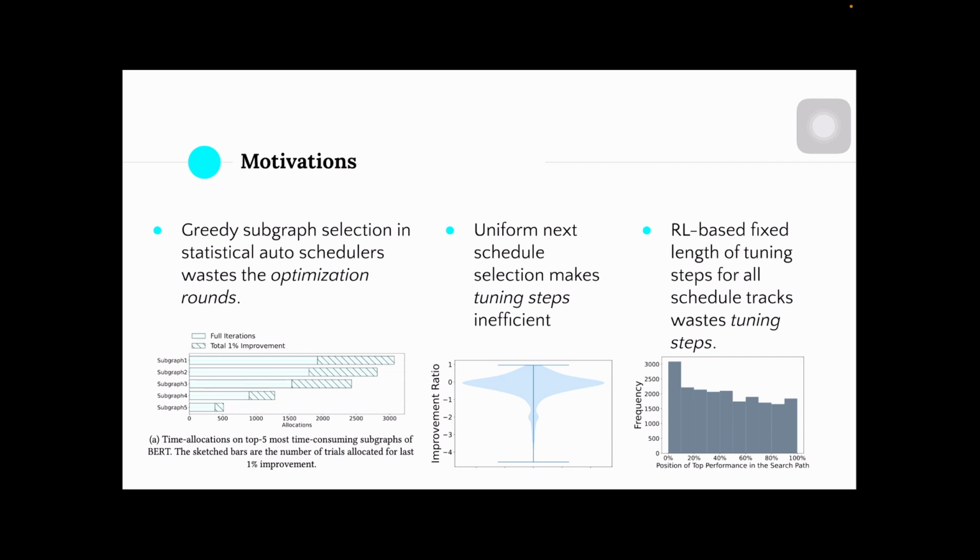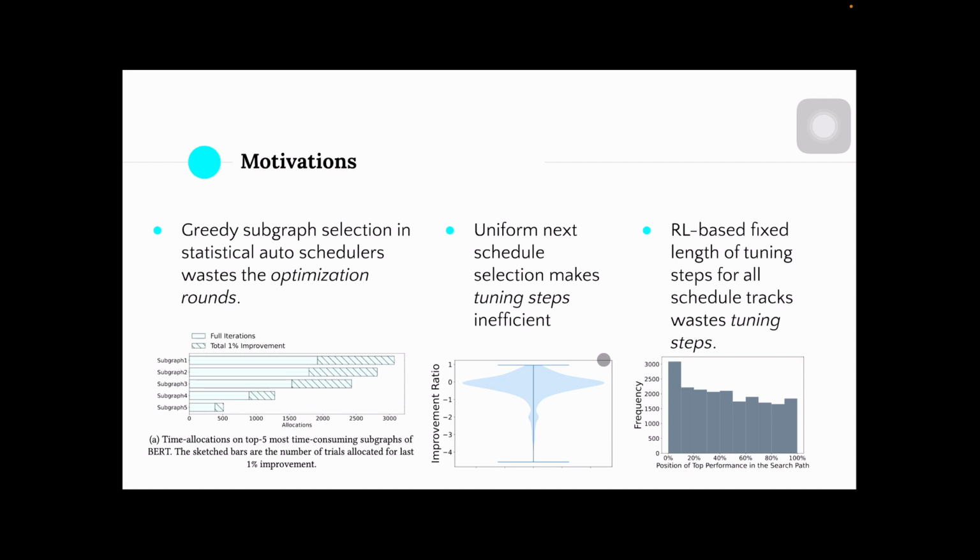And we can see that a lot of optimization rounds are allocated to subgraph 1 for this 1% improvement. We believe that if we can allocate this large amount of rounds to subgraph 5, then we can get a lot more performance gains.